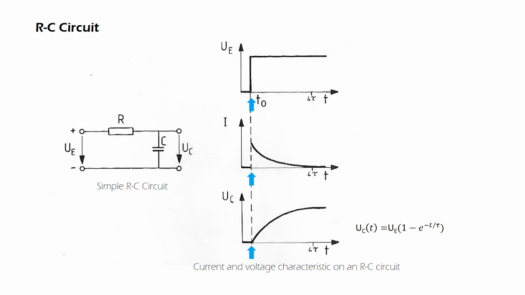The current I drops according to an e-function, and after about 5 tau it is about 0 and UC has risen to the applied voltage UE. Tau is the time constant of the RC circuit and is derived from the product of R multiplied by C.